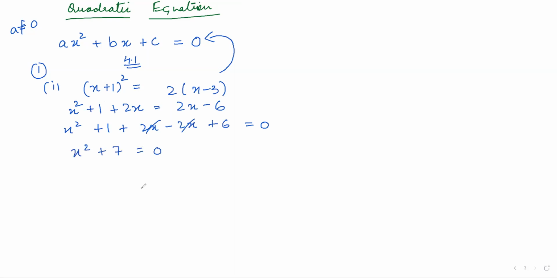Is this a quadratic equation? Yes, it is. Your b is 0, right? The only condition is that the coefficient of x square should not be equal to 0. So here your a is 1. That means you have your x square. So it is actually x square plus 0x plus 7 is equal to 0. So this is of the form ax square plus bx plus c is equal to 0. So it's a quadratic equation, right?